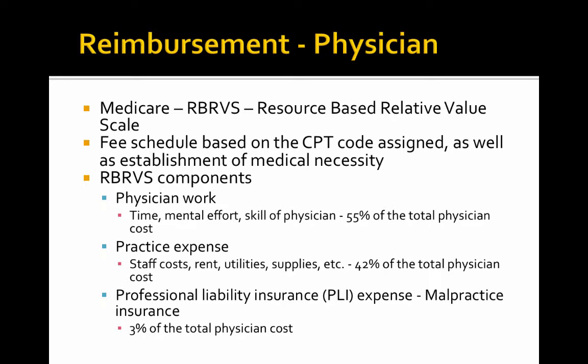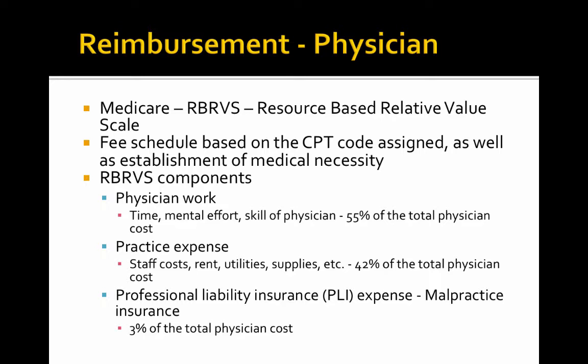The first piece is the physician work component. So it's based on the actual work of the physician, their time, their effort, their skills, and this is 55% of that number.